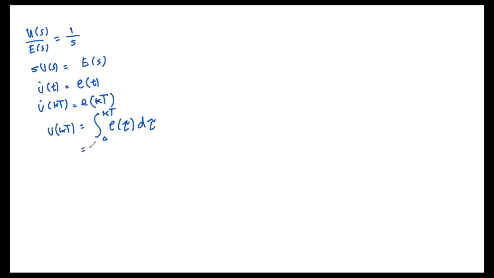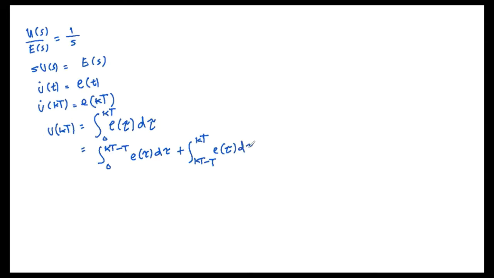So this integral problem can be divided into two parts, where we first have an integral from 0 to kT minus T, plus the integral from kT minus T to kT of e of tau d tau.